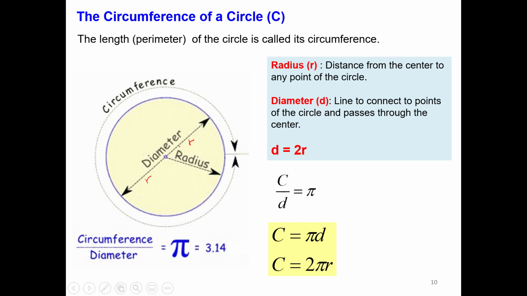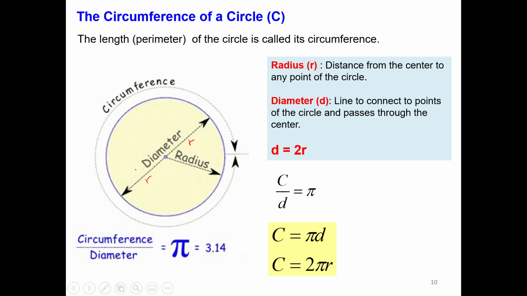Then what we can see here is the diameter is equal to twice the radius. Yes, R plus R is 2R. And this is why the diameter equals 2 times R. This is important. You remember the diameter is equal to twice the radius.